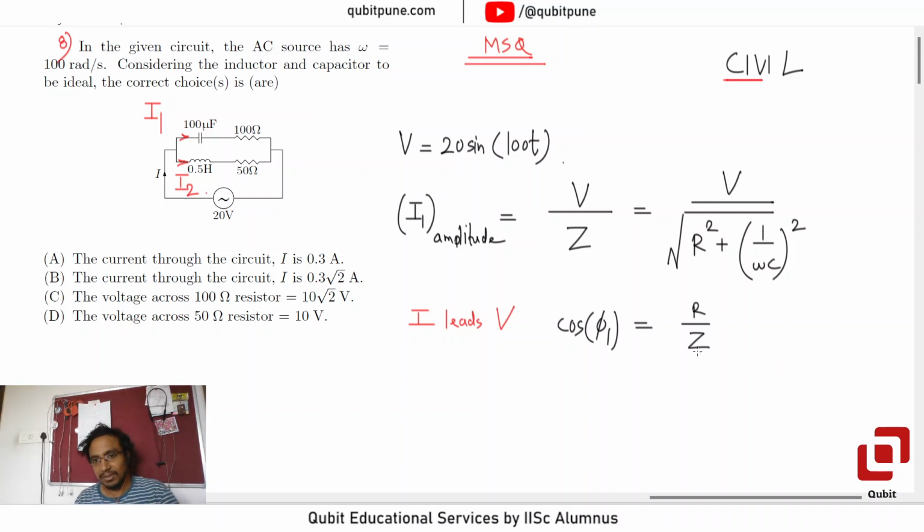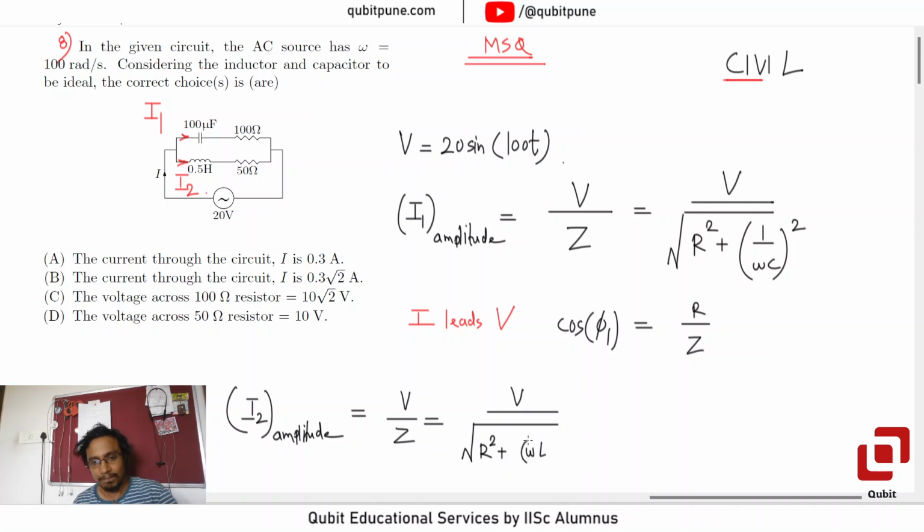One of its sides is R, and the other is 1 over omega C, so phi 1 comes here. Now can we find the I2 amplitude? Same, V by Z. V by root R squared plus omega L squared. So find the amplitude from this.